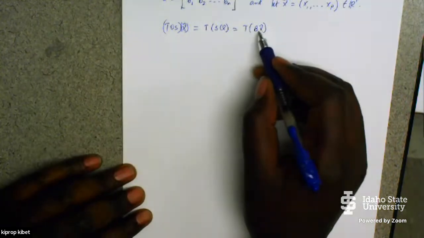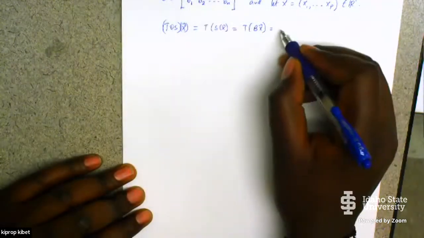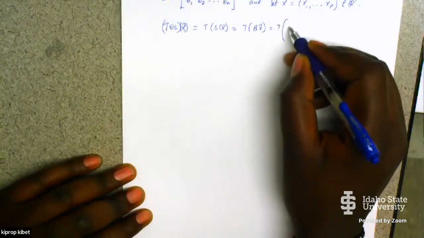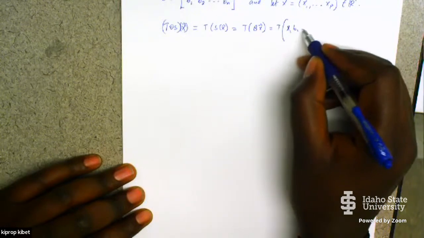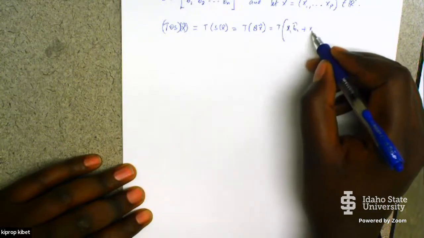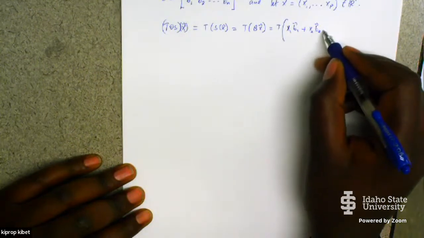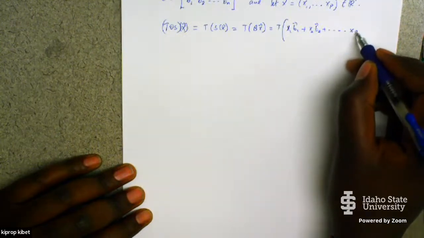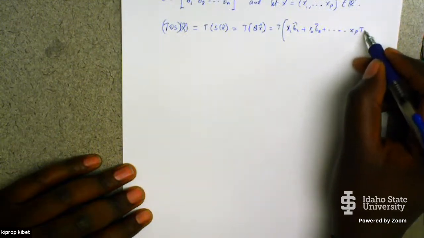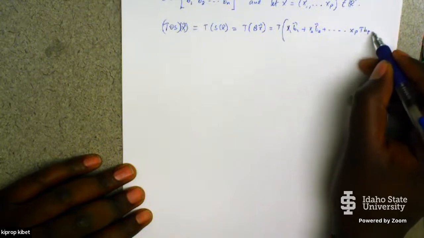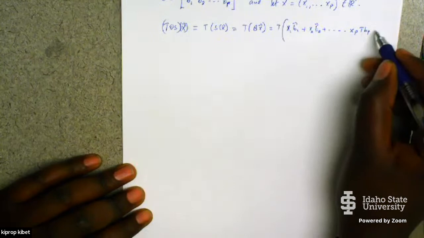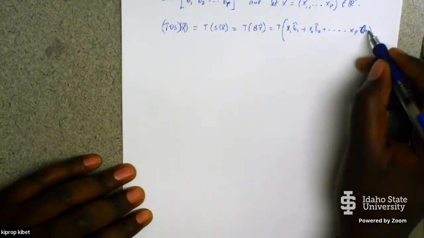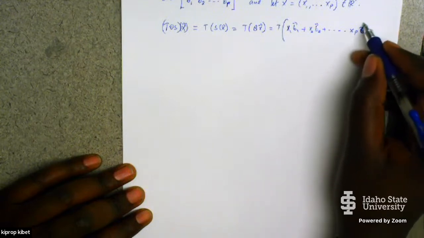This Bx is x1 B1 plus x2 B2, and you continue like that, plus xp Bp.